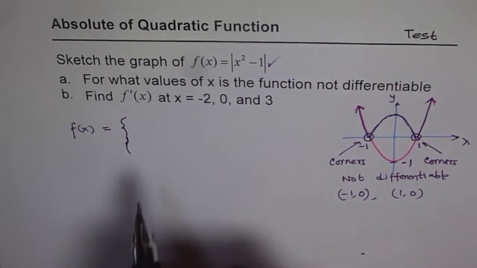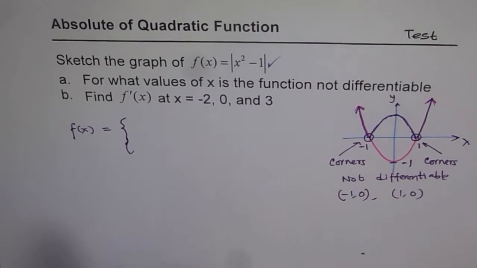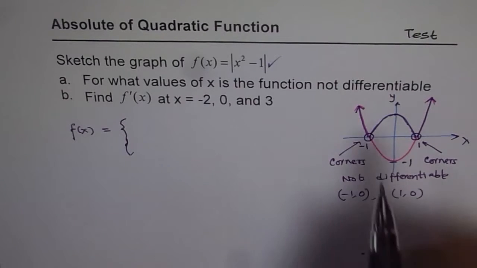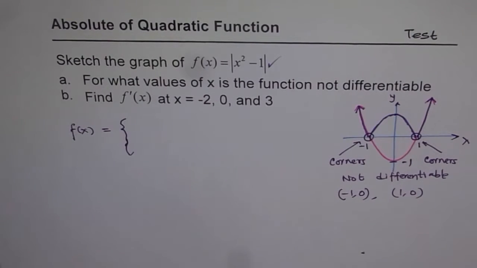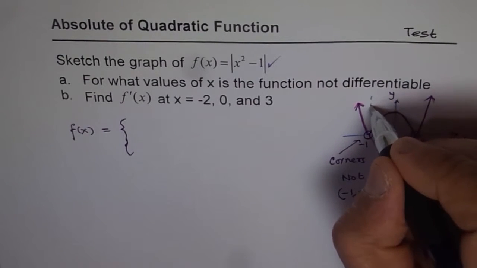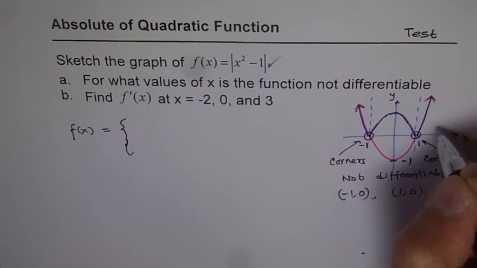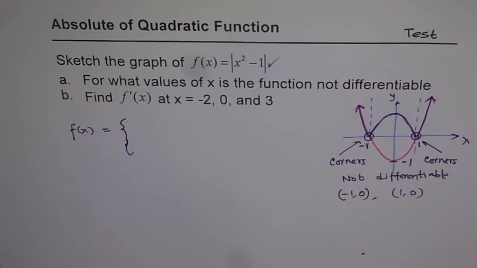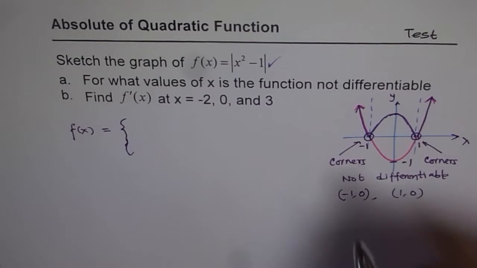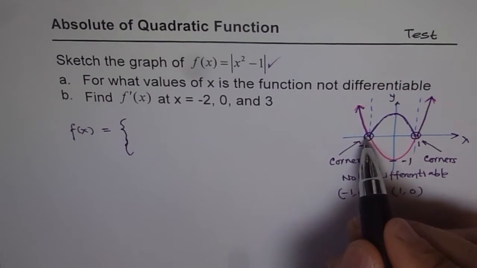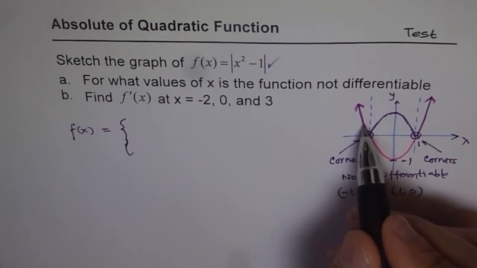We'll have 3 parts. Part 1 of the function, part 2 is the middle portion, and part 3 is the later half after 1, correct? Now if you see, this function is the same as the original function x squared minus 1, these 2, right?